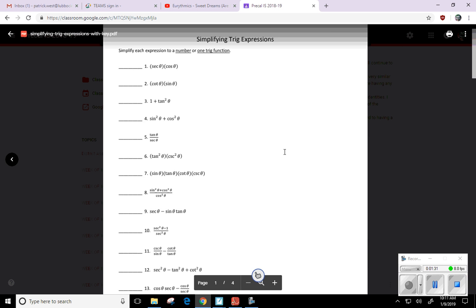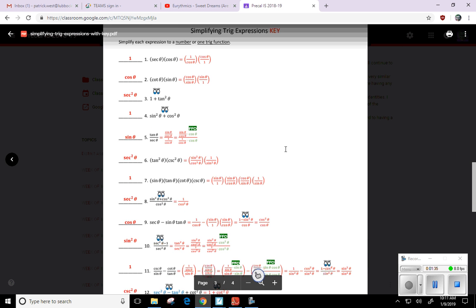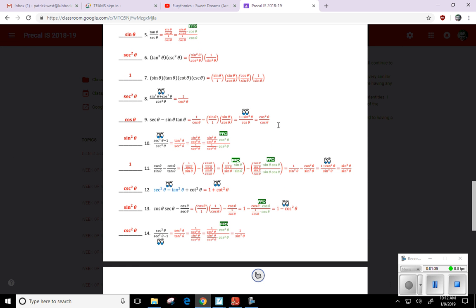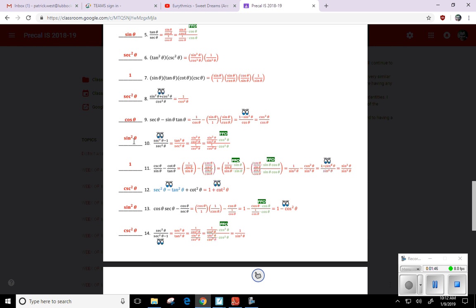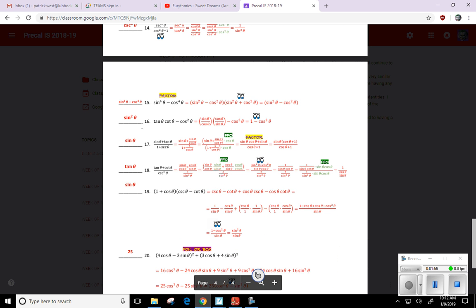You've got 20 different expressions, and what's nice is that it walks you through the process on all of these. It gives you little icons to help you see certain things when you use substitution or something like that. If you are looking for a little more practice, this is available to you if you want to take a look. If you're having trouble with some of those, I'm going to be here in the morning. Just come on in.